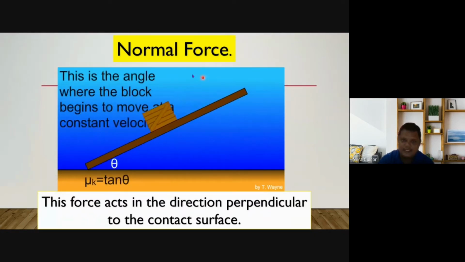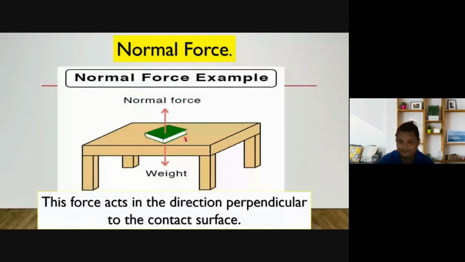So this is a normal force. Another example is when you put a book on a table, the book stays on the table because of the normal force. So normal force is an example of contact force.